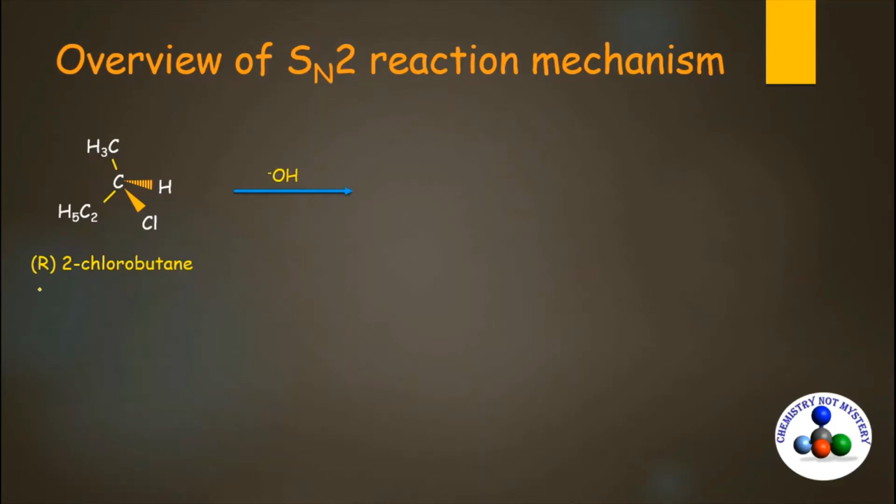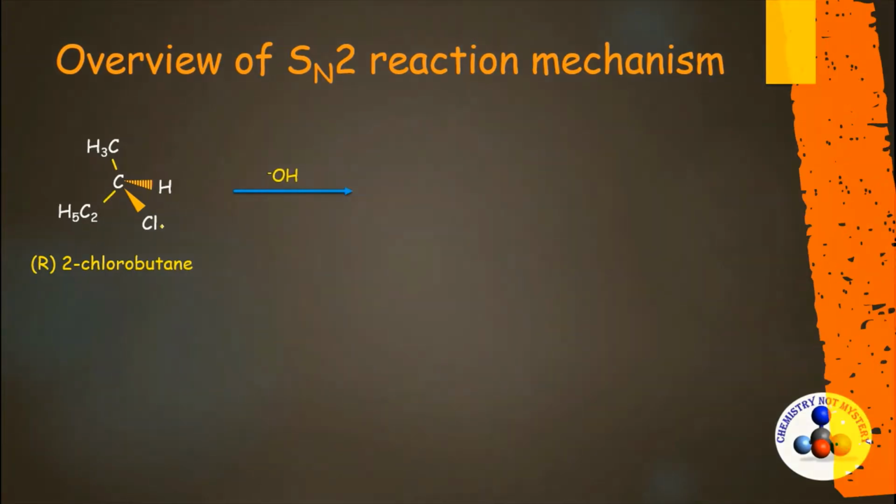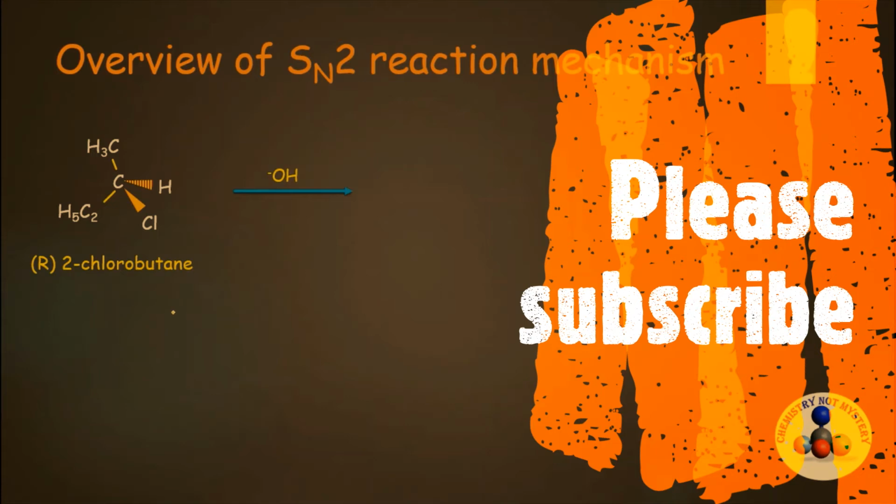If I take 2-chlorobutane as a reactant and OH- as a nucleophile. In SN2 reaction, strong nucleophile replaces weaker nucleophile. So let's compare the nucleophilicity of OH- and Cl-. For that, you have to compare the electronegativity of oxygen and Cl.